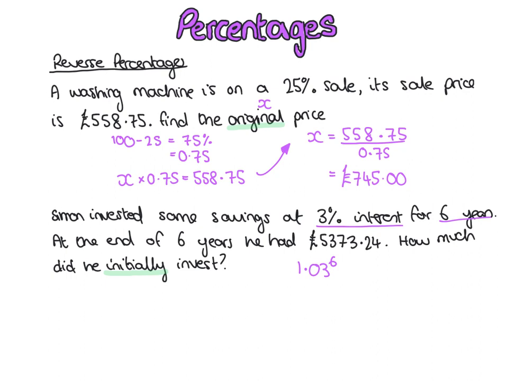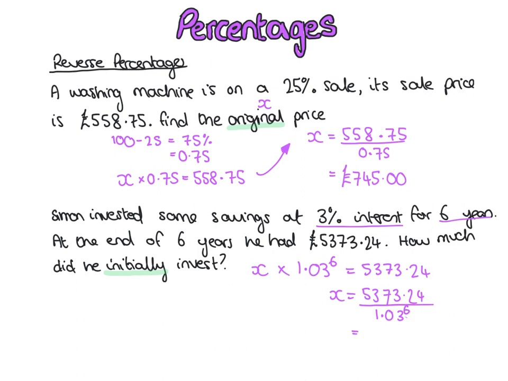So x, some amount, multiplied by 1.03 to the power 6, gives us 5373.24. So x is 5373.24 divided by 1.03 to the power 6. Let's just make that clear, that's a power.